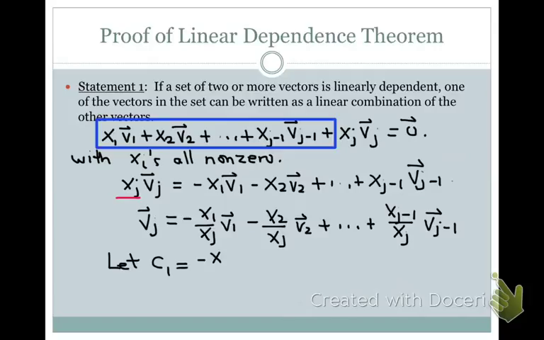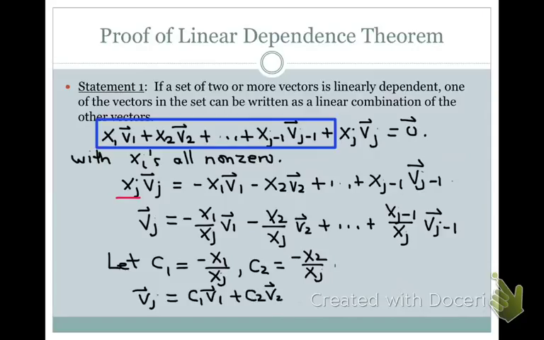Let c1 be minus x1 over xj, and let c2 be minus x2 over xj, etc. So you see now that vj is just c1 v1 plus c2 v2 all the way up to cj minus 1 vj minus 1.